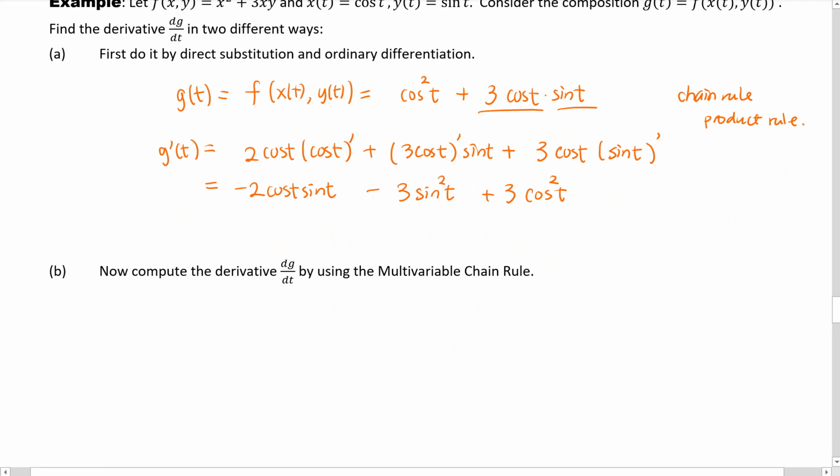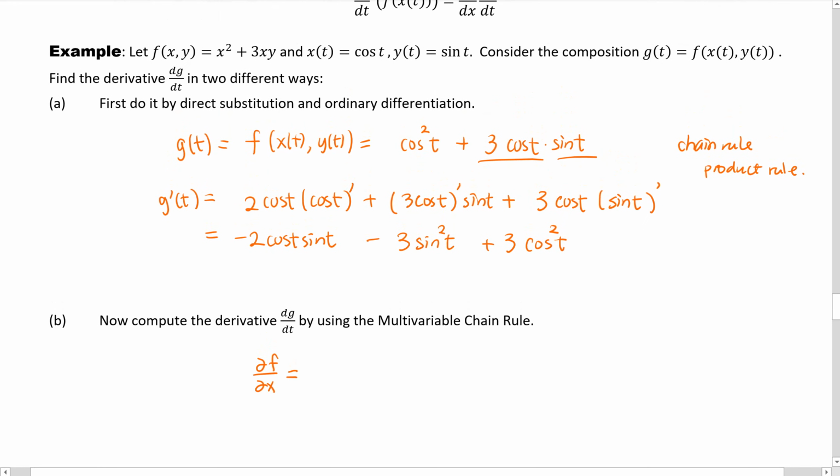Alright, let's compute the derivative by using the multi-variable chain rule. So, okay, what is partial f partial x? Well, we take the derivative of f with respect to x: x squared derivative is 2x, 3xy derivative is 3y.